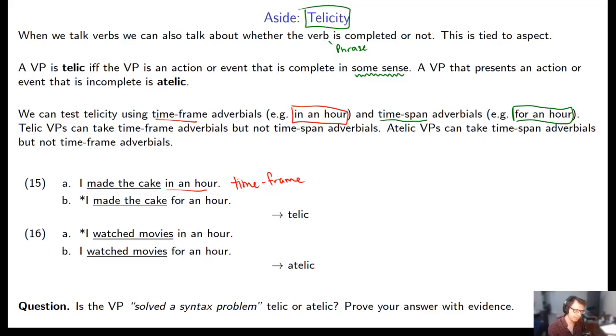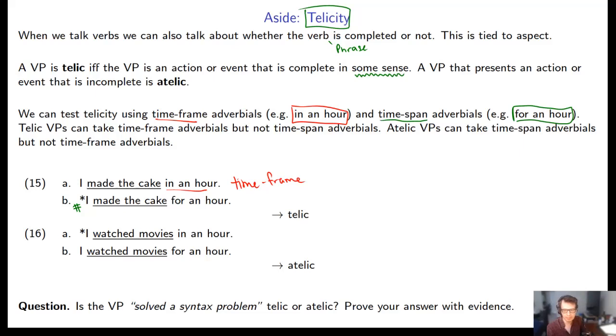It might be grammatical to some people, but typically this is an odd action. It might just be semantically weird to say I made the cake for an hour. I made the cake in an hour does sound a lot better. So this suggests that this is an event that is telic. It's something that can be completed rather than incomplete.